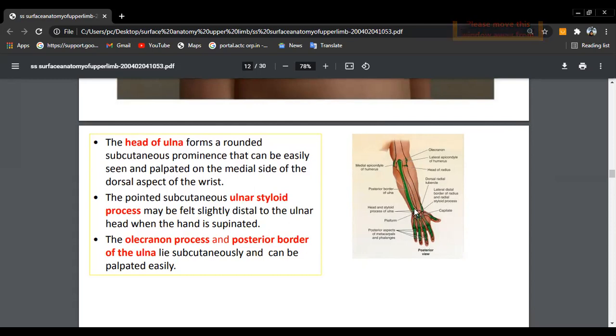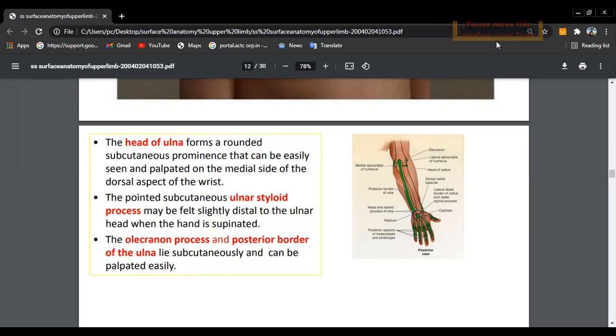The head of the ulna forms a rounded subcutaneous prominence which can be easily palpated on the medial side of the dorsal aspect of the wrist. If you trace a little lower down, you would be able to feel the styloid process. Distal to the ulnar head, you can palpate the ulnar styloid process, and you should keep your hand in the supinated position.